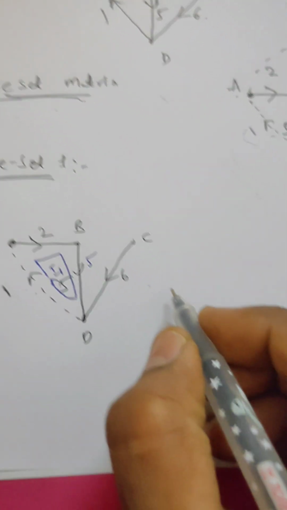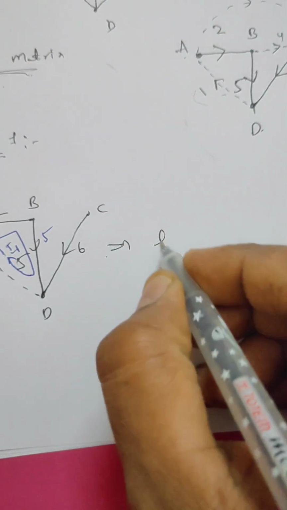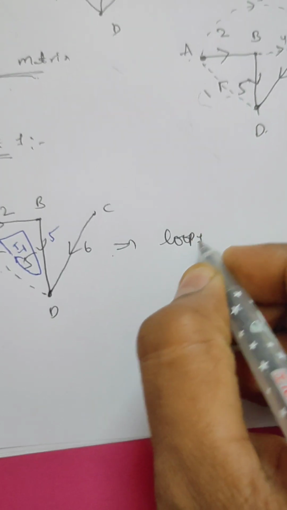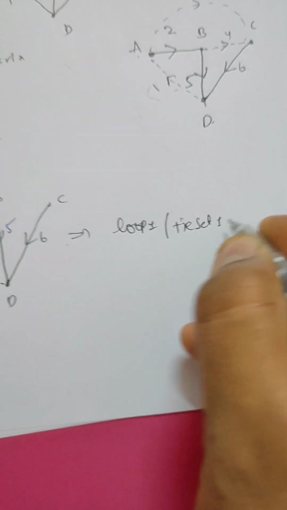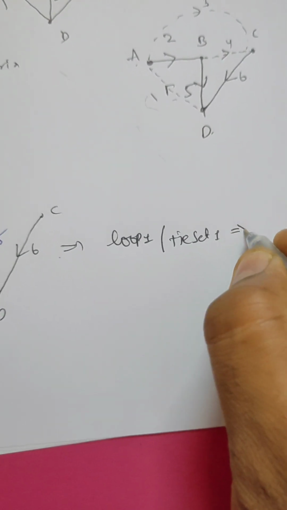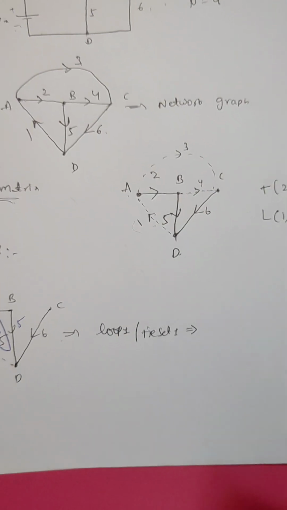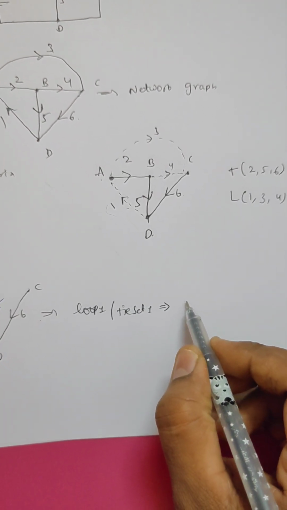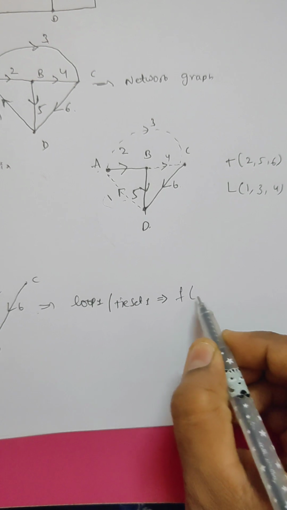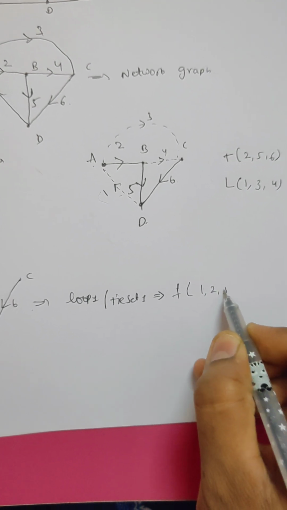So this loop 1, or fundamental loop, we can call tie set 1, which is of 1, 2, 5.